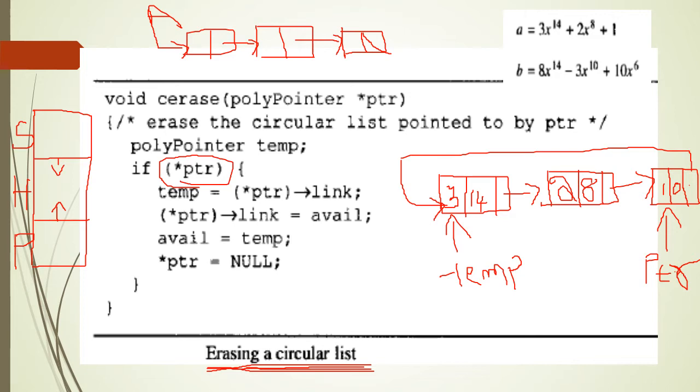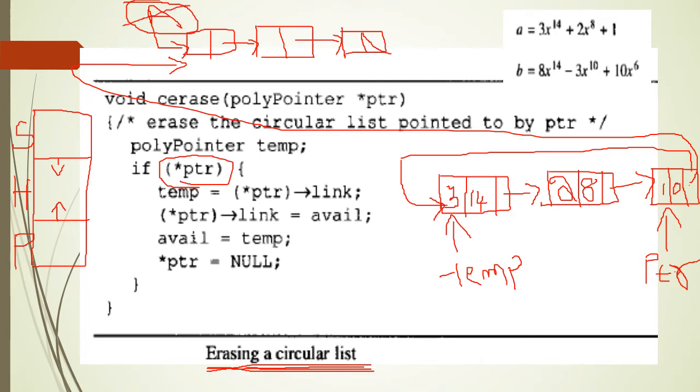So you make PTR of link equal to avail, which means you store the address of avail in the link field of this node. That means this is going to be pointing to here. Then avail is equal to temp.